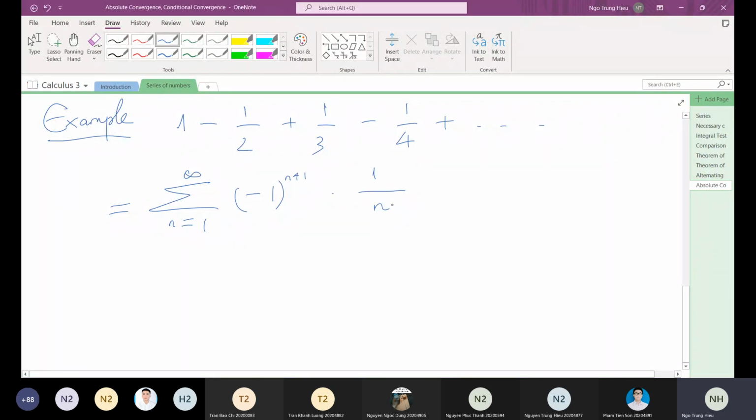In this case, if we take the absolute value, then we have a P series with p equals 1. And in this case, we call this the harmonic series.